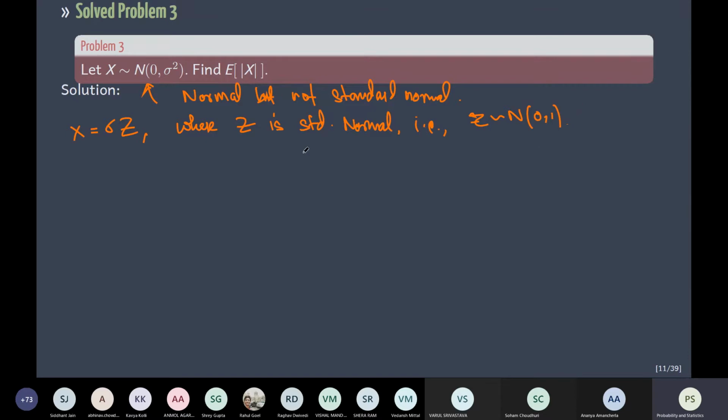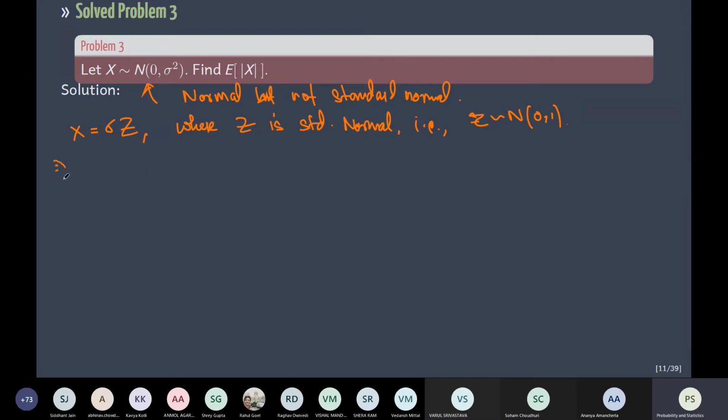So we can write it like this, and you can check that the variance of this is just sigma square, because sigma times the variance of Z, which is 1. The scalar sigma comes out as a square, so that's sigma square, and the expectation will be 0 because the expectation of Z is 0.